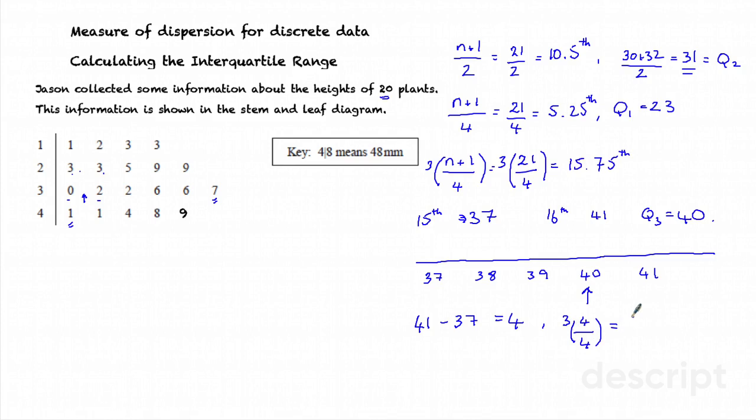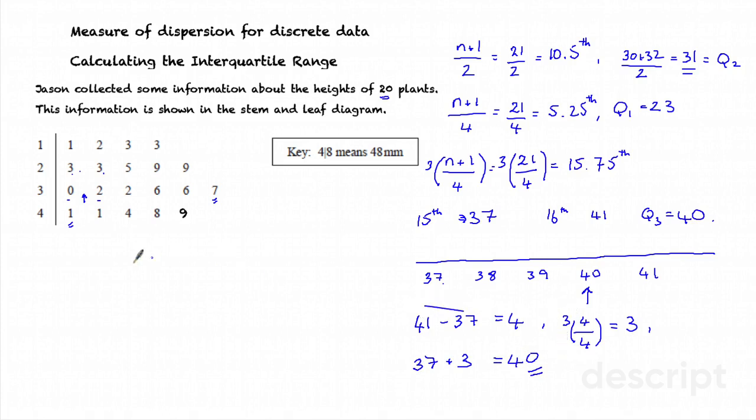That would give me 3. And that needs to be added on from that 37. 37 add on the 3 would give me 40. So that's a way you could calculate that value if it wasn't quite such nice numbers.